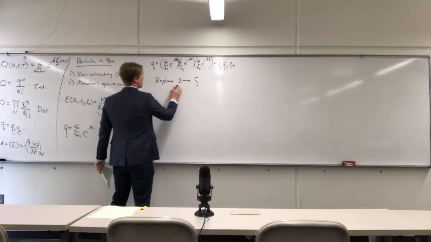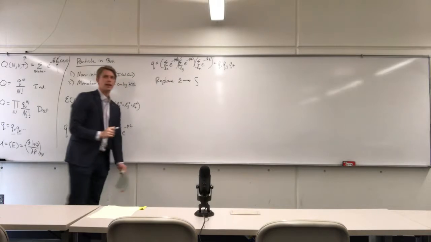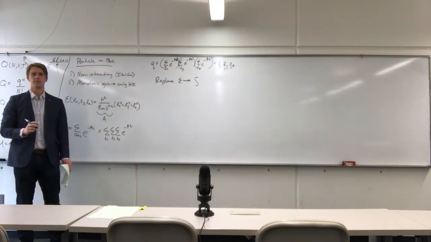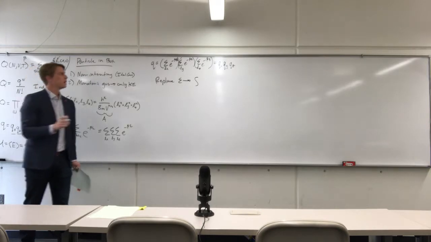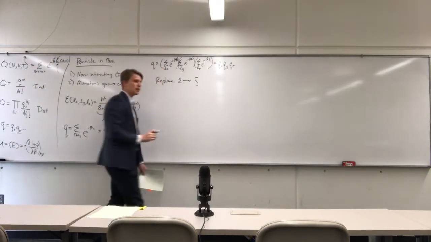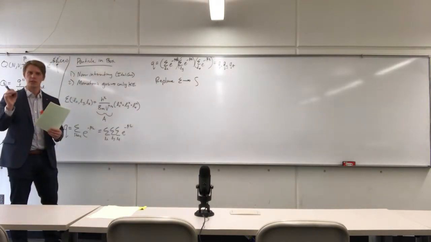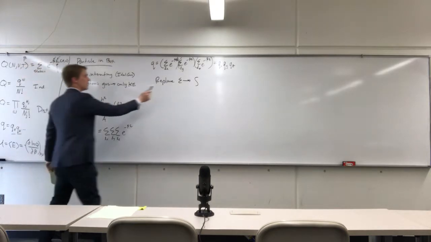So the key question is, what is the difference between a summation and an integral? One is discrete, the other one is continuous. Exactly. So the key thing is we can approximate a summation with an integral if the step sizes are really, really small. We can approximate a discrete summation as an infinite summation using the integral.